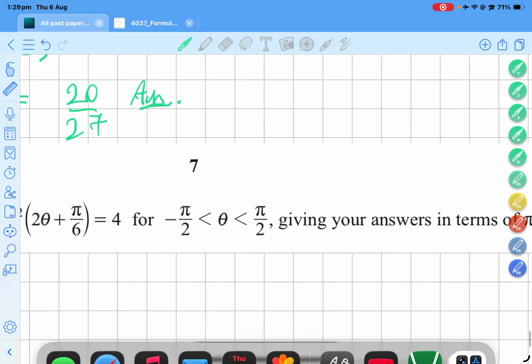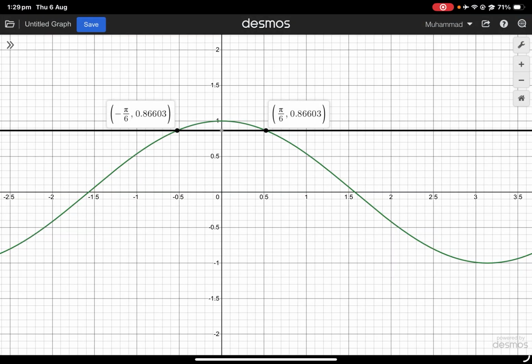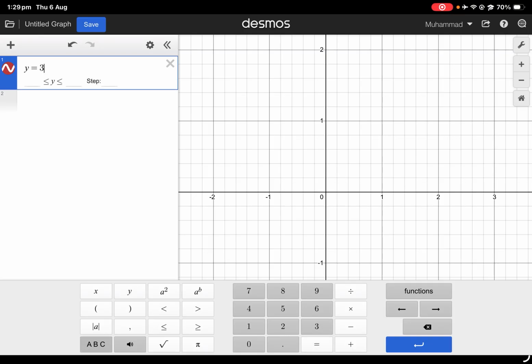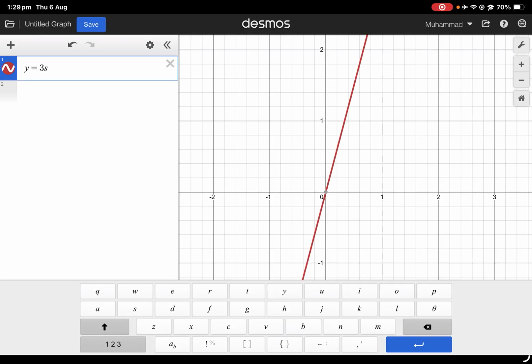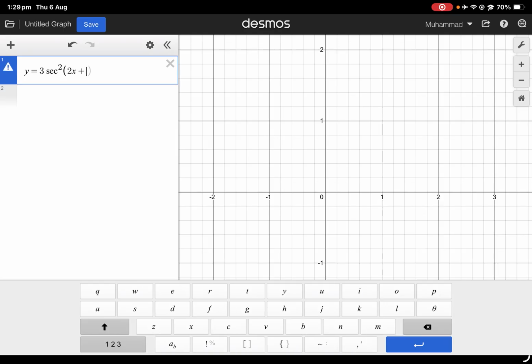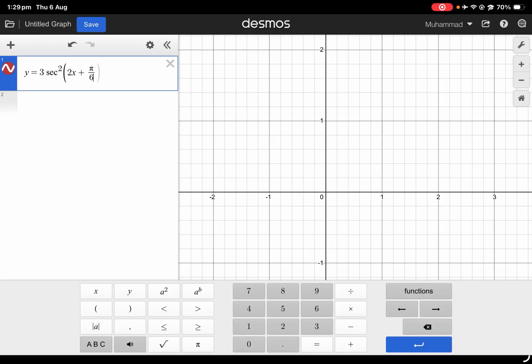And now let's do this same operation, but we're doing y equals 3 sec squared of 2x plus pi over 6 with the bracket closed, and then we want it to intersect y equals 4.